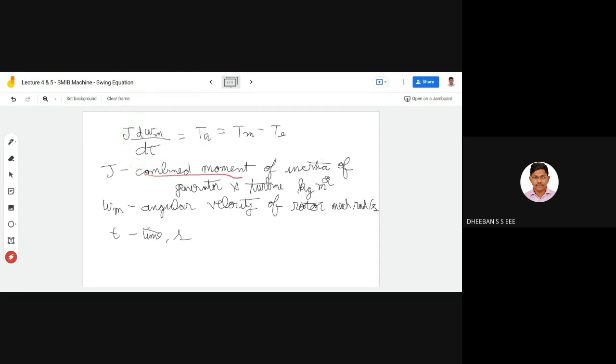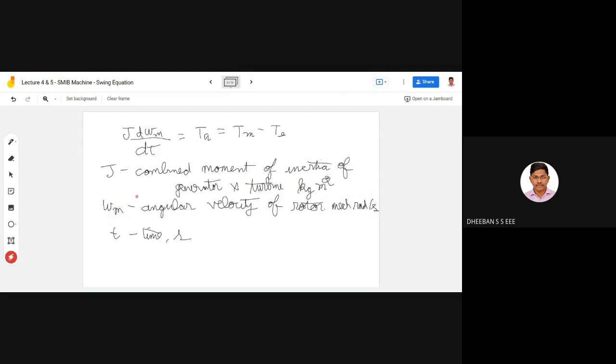Here J represents the combined moment of inertia of your generator and turbine, and omega m represents the angular velocity of the rotor. Here you have to see it is in mechanical radian per second, and hence it is given as omega m.